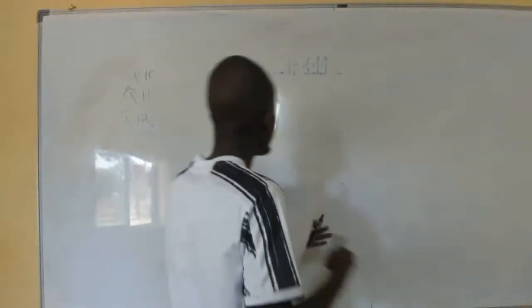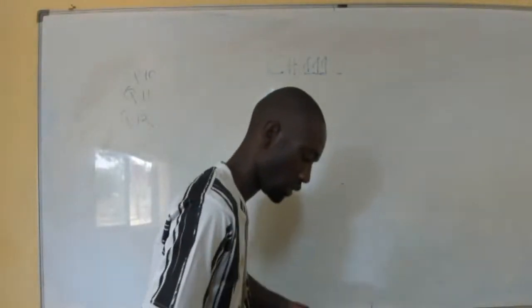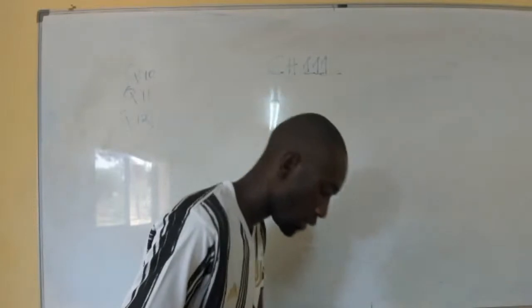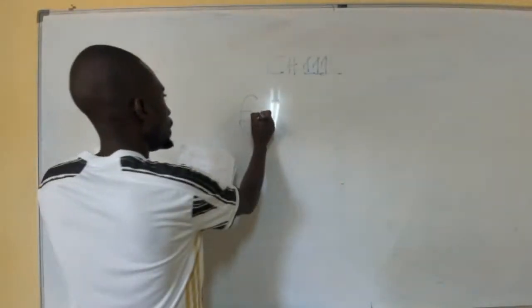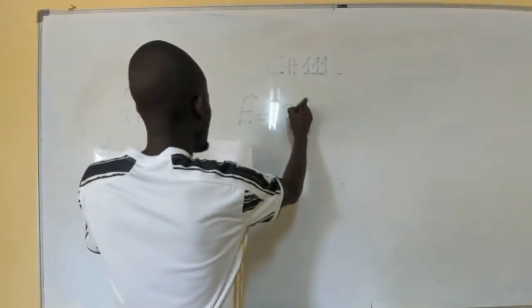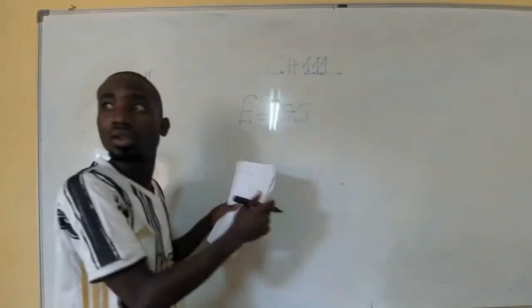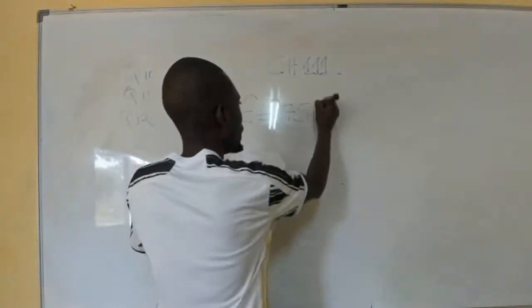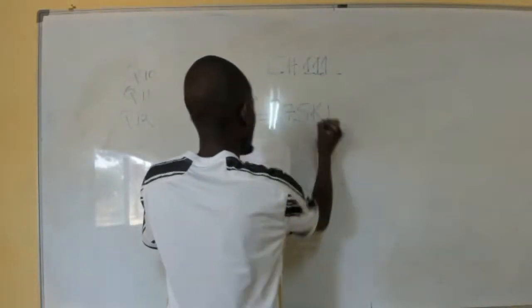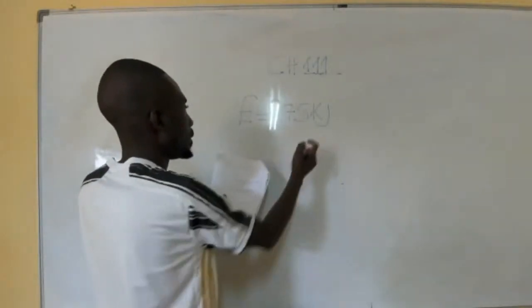So you're going to say E is equal to what? 175 kJ. So you're going to convert this one.